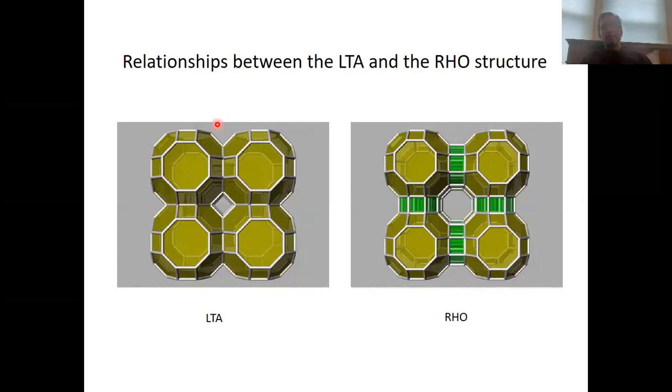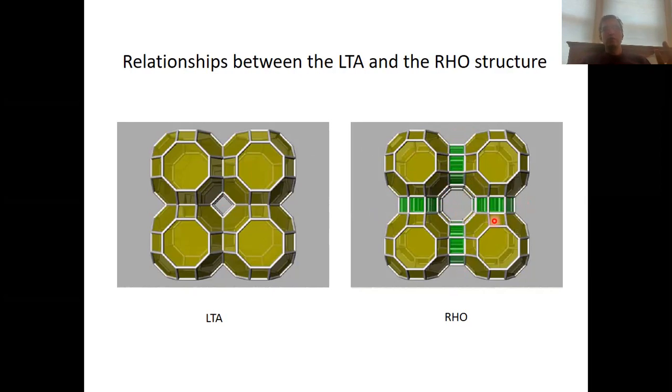Now here are two more examples of two strongly related zeolite framework types that both contain alpha cages. You see again the alpha cages of the LTA structure. There's a related structure, the RHO structure, in which these octahedral faces are not directly fused together, but are separated from each other by an octagonal prism, which sits in between the alpha cages.